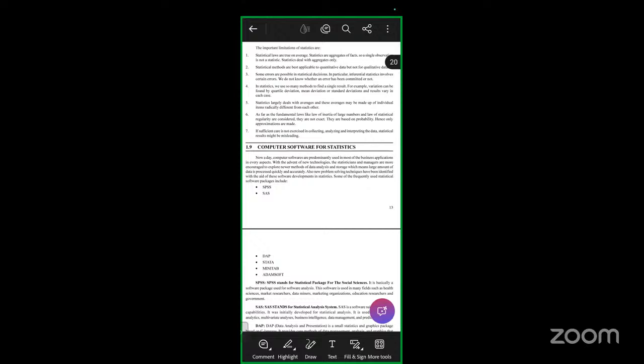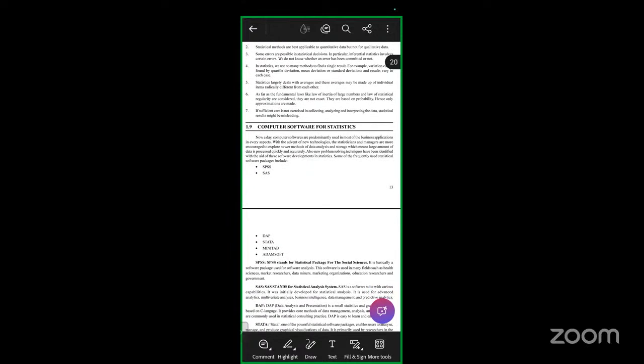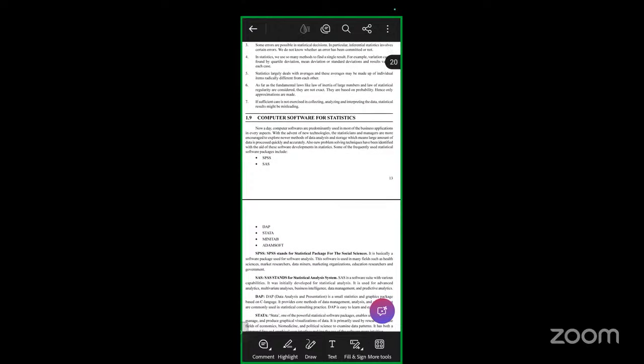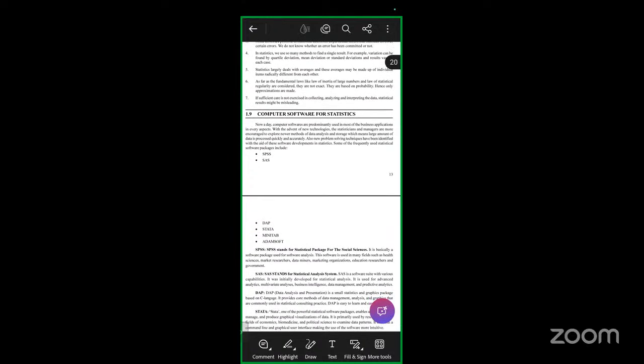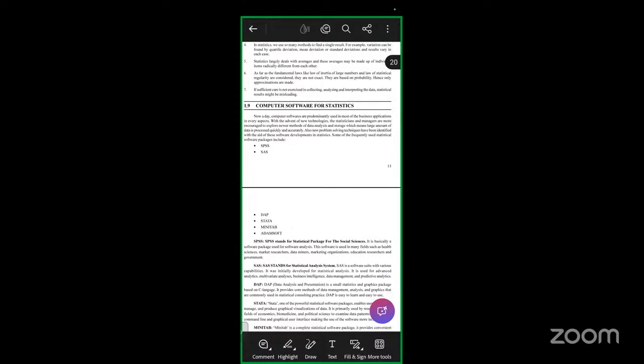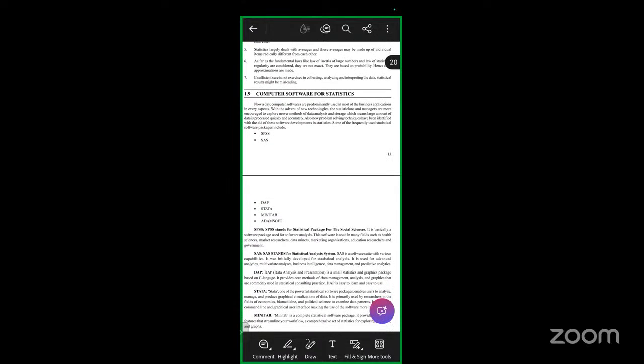The fundamental laws like the law of inertia and the law of large numbers, the law of statistical regularity, cannot be exact. They are based on probability, hence only approximations are made.